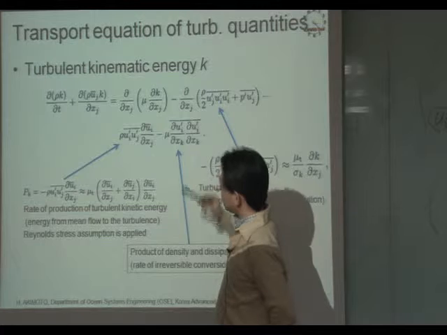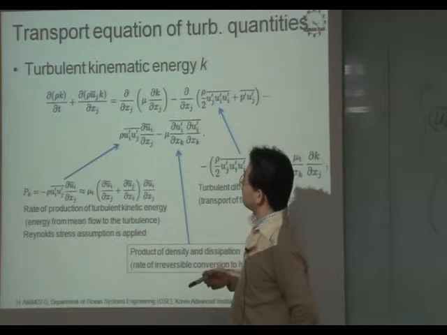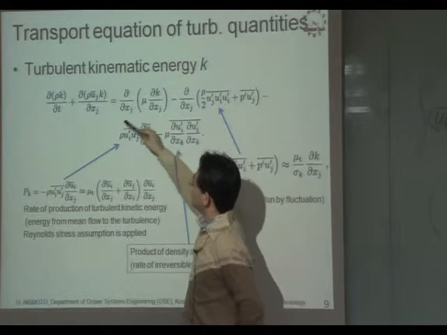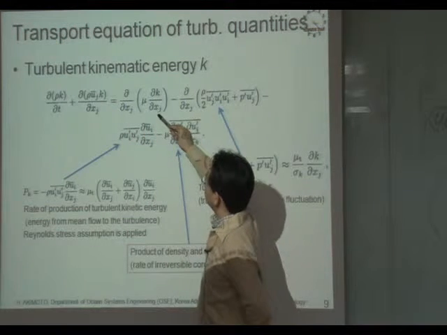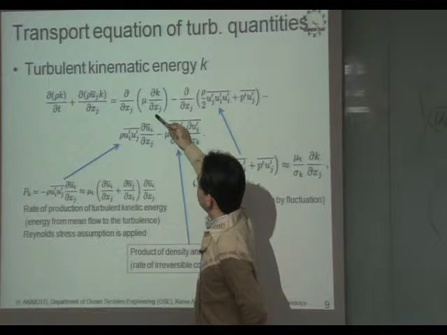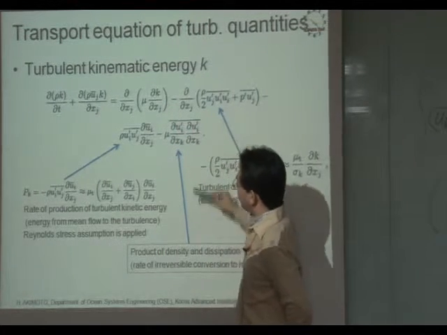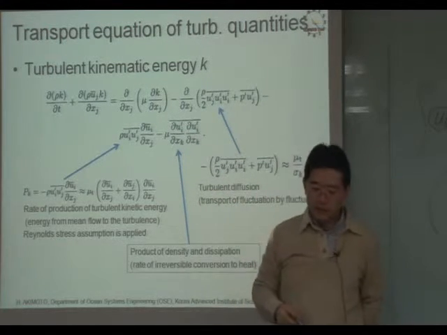So in this equation, kinetic energy of turbulence is created and transported by the flow, diffused according to molecular viscosity and turbulence, and it will disappear, dissipated into heat.